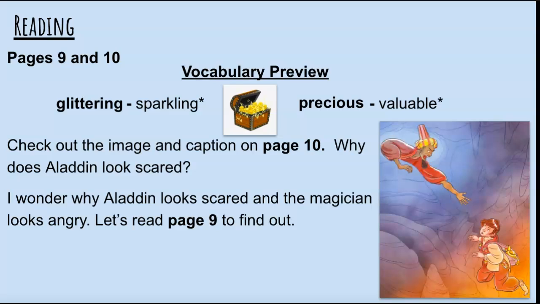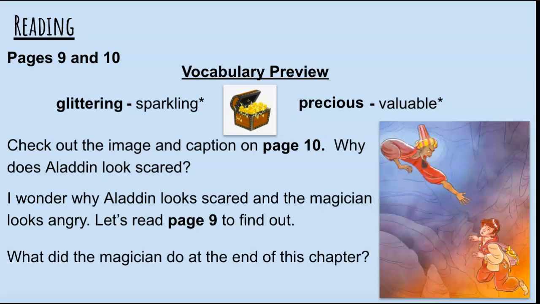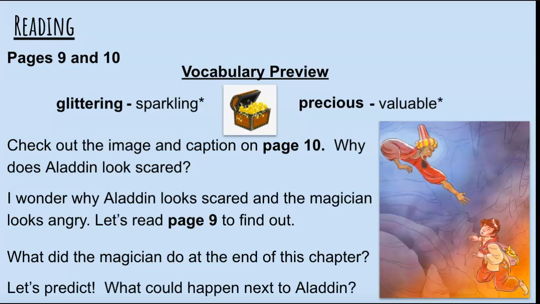Why do you think Aladdin looks scared and the magician looks angry? What did the magician do at the end of this chapter? Those are your questions for pages 9 and 10, boys and girls. And then make a prediction. What could happen next to Aladdin? What do you think is going to happen next?